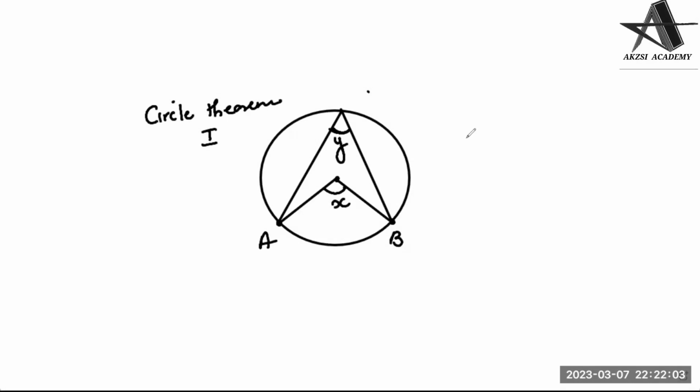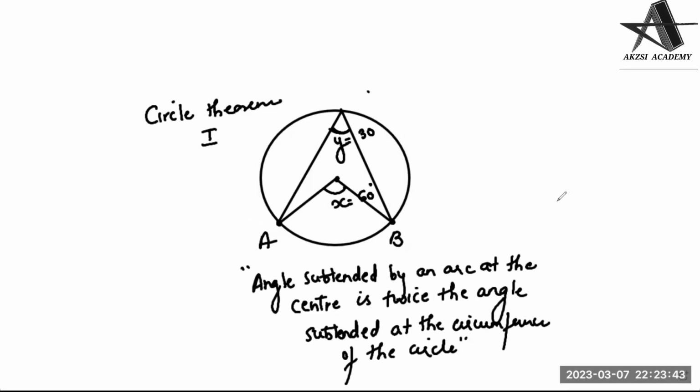So this angle subtended at the center is always twice the angle at the circumference. That means if suppose y is 30 degrees, so x will always be its twice, which is 60 degrees. So we can say angle subtended by an arc at the center is twice the angle subtended at the circumference of the circle.